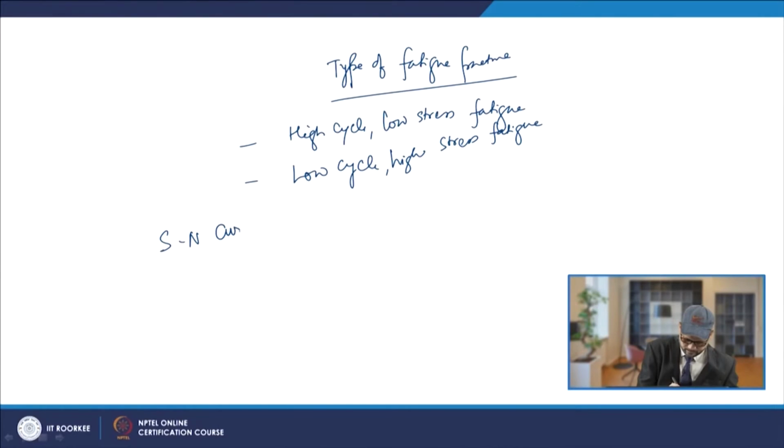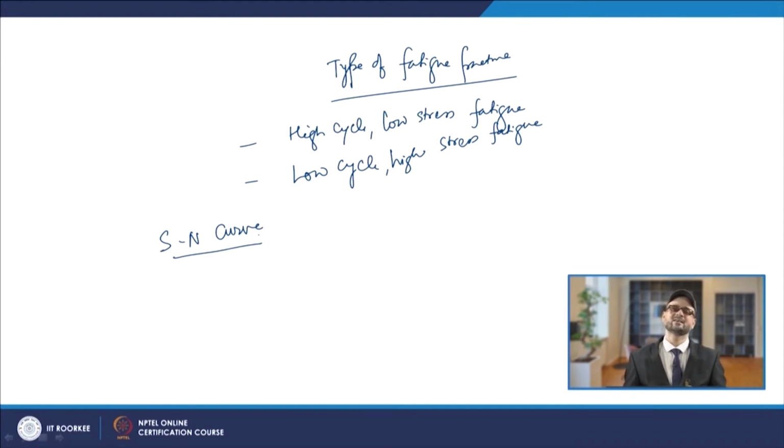Now, to determine the fatigue strength of a particular component, or for a particular material, there is a curve which talks about the fatigue life of the component, and that curve is known as the SN curve. This is again an XY plot. On the x axis you have the number of cycles, and on the y axis you have the stress to which it is subjected.